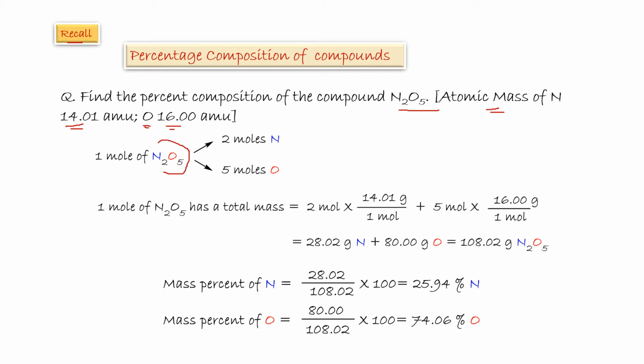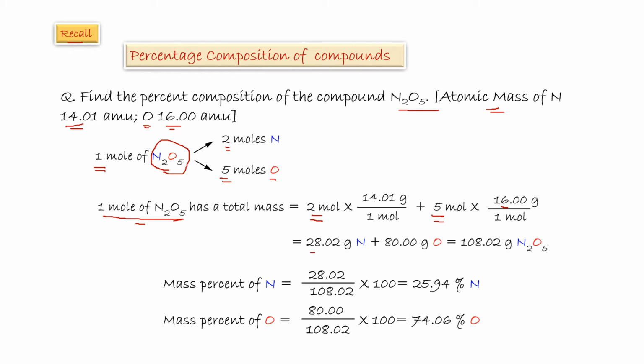From the formula N2O5, in each 1 mole of N2O5 we have 2 moles nitrogen and 5 moles oxygen. So the total mass of 1 mole of N2O5 will be 2 times 14.01 plus 5 times 16.00.